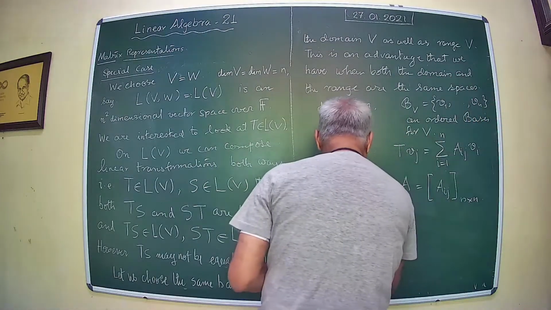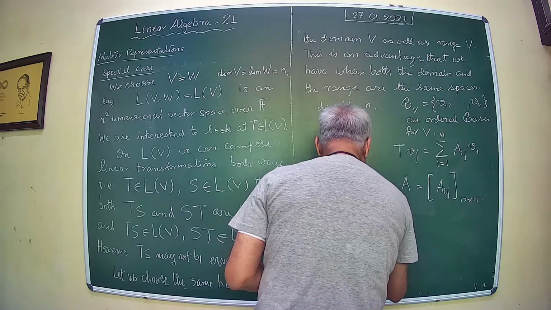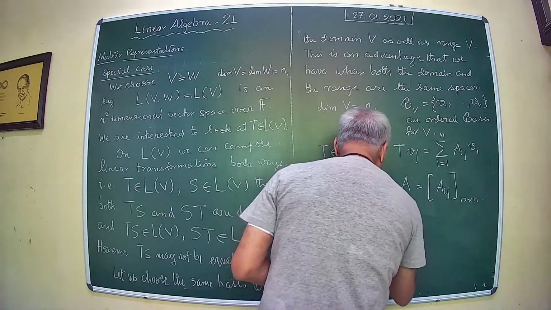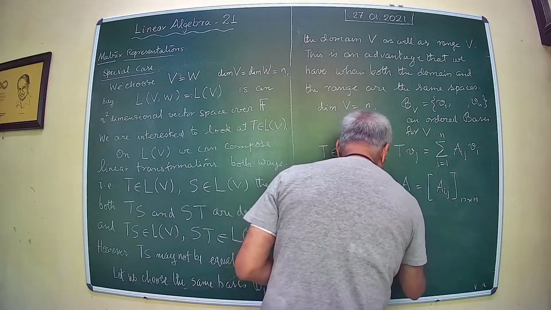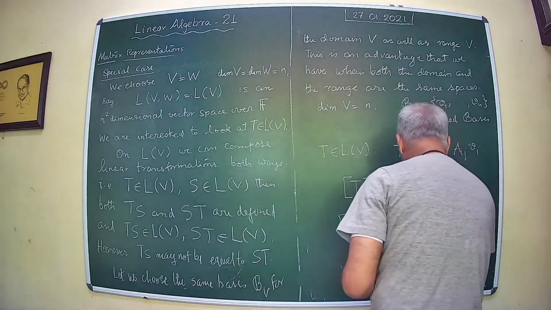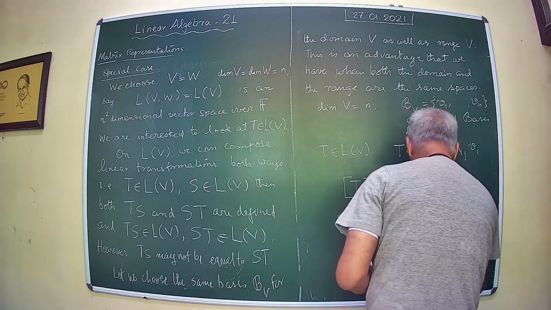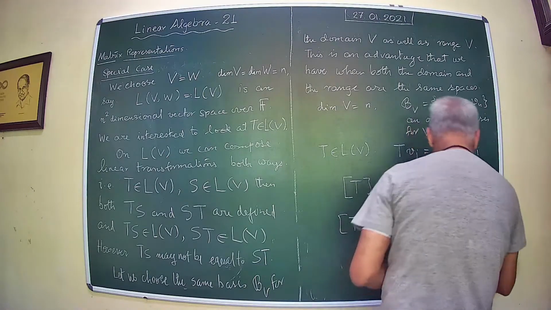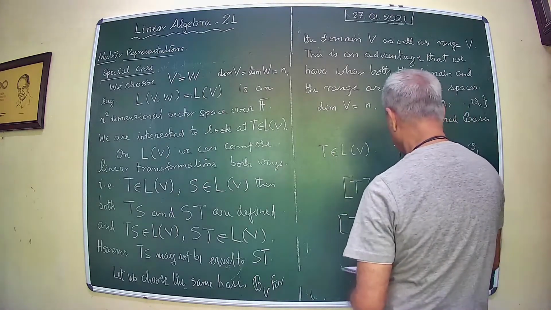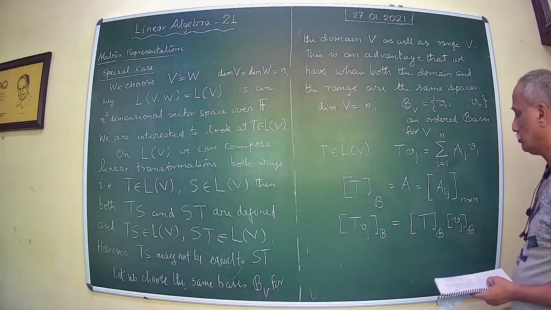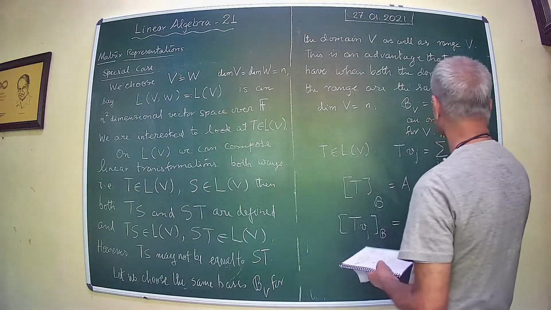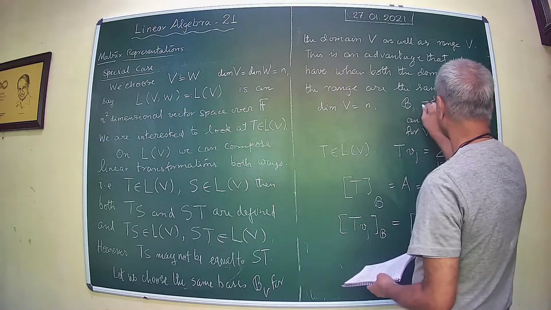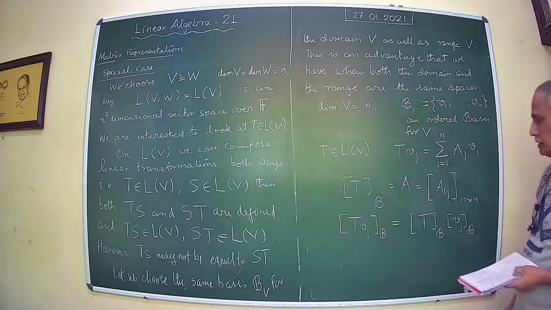Then we have more. We have the coordinates of T(v) with respect to B is given by B. This is B, the only thing that is important.